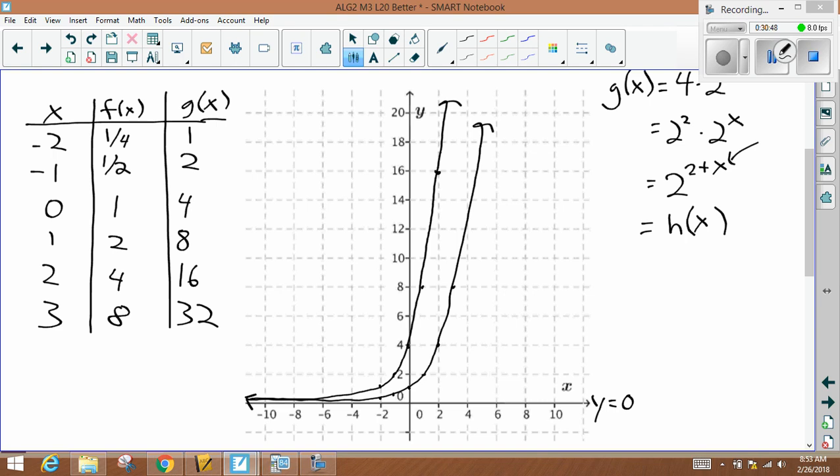And there we go. So what was that transformation? Hold on. Sorry, my brain just took a party. It is a horizontal shift.